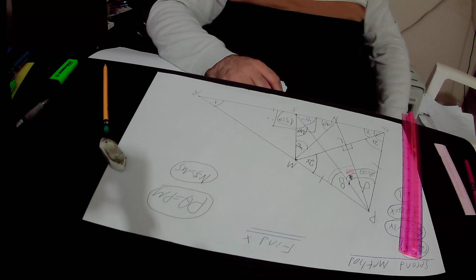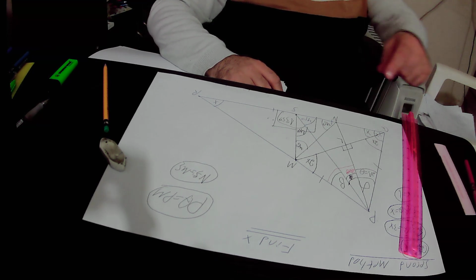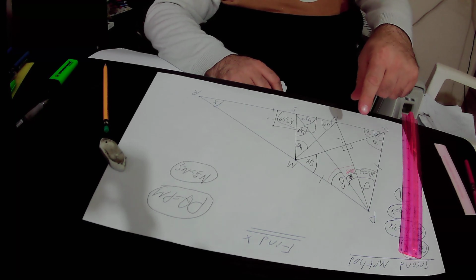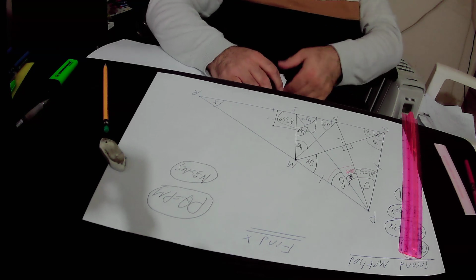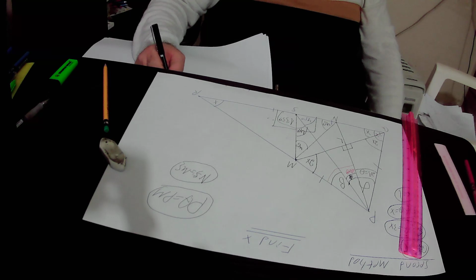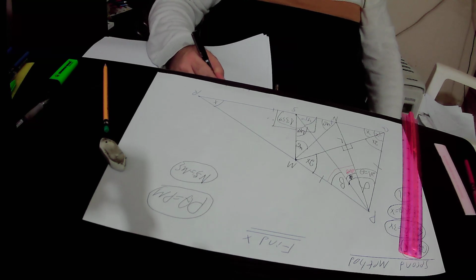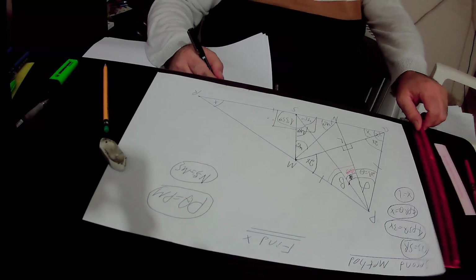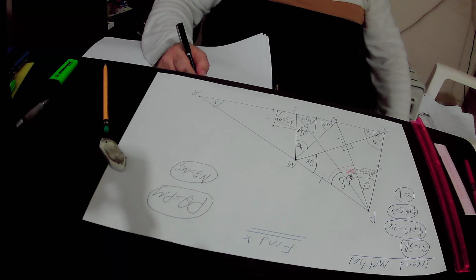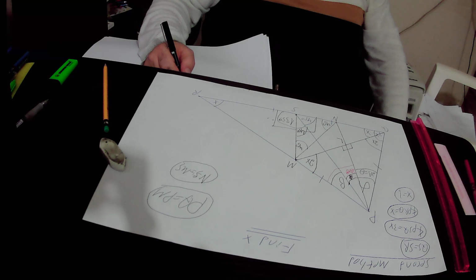In the next step, we will prove that triangle PQN is congruent to triangle PNM. So triangle PQN is congruent to triangle PNM.